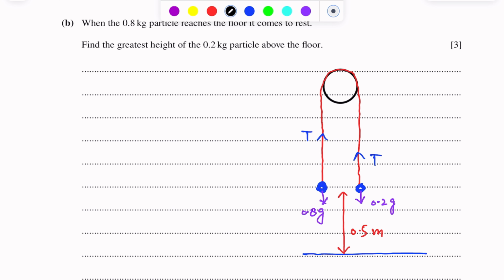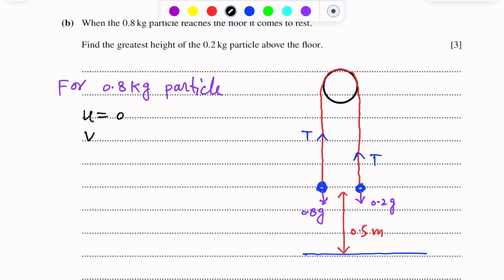The particles start from rest because they are released. When they are released, the initial speed will be 0 for both particles. For the 0.8 kg particle, initial speed is 0.